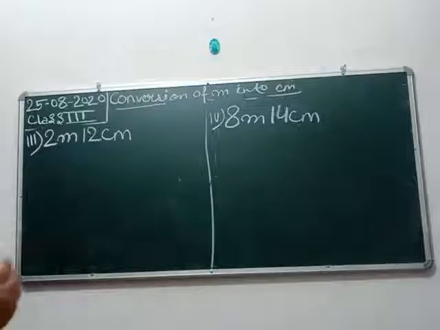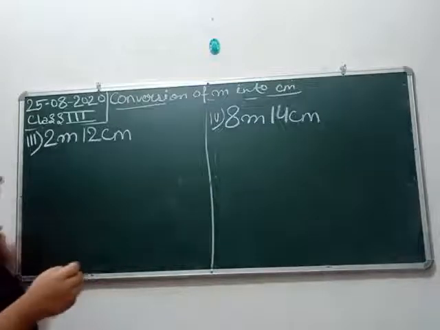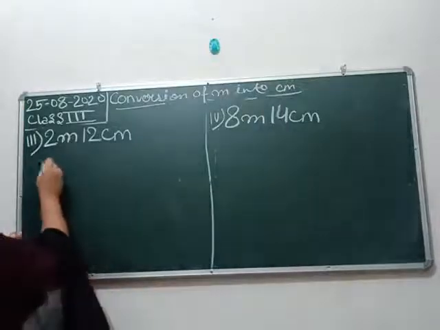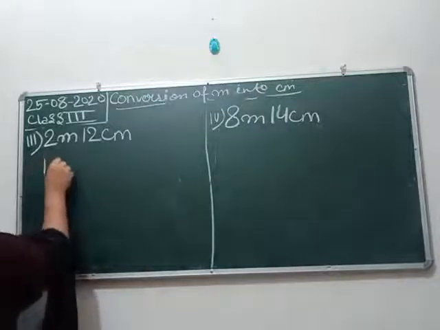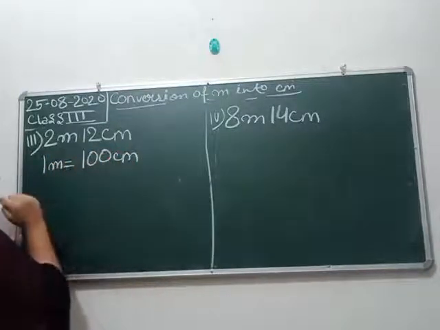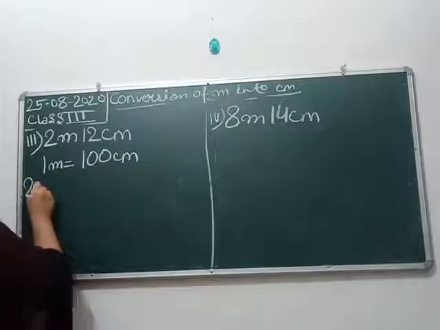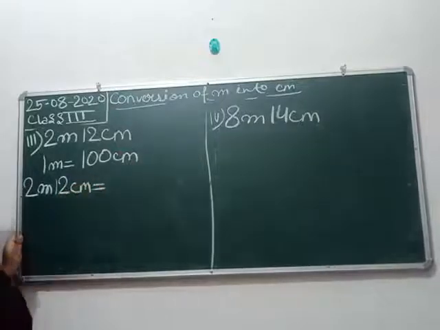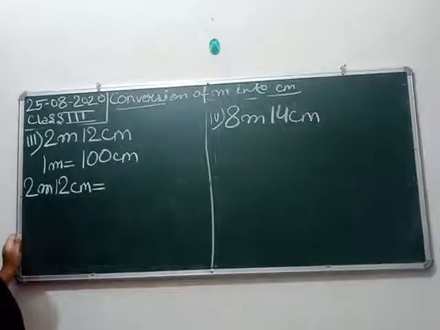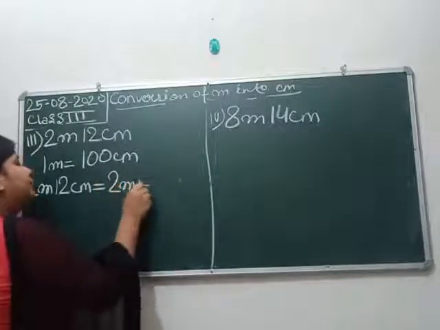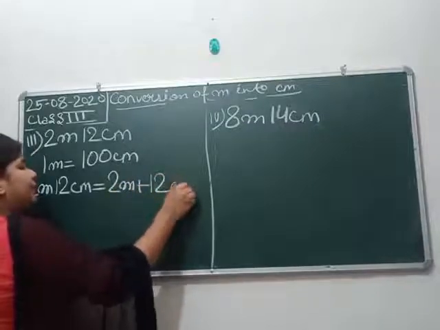Okay, see. So 2 meter 12 centimeter. Now our first line will remain the same. First line that you will write, that is 1 meter is equal to 100 centimeter. Now 2 meter 12 centimeter is equal to 2 meter plus 12 centimeter.